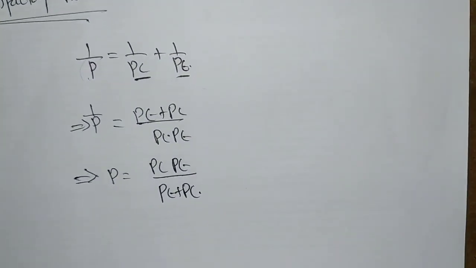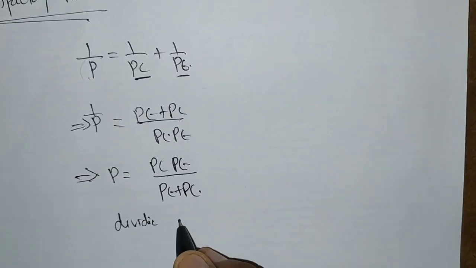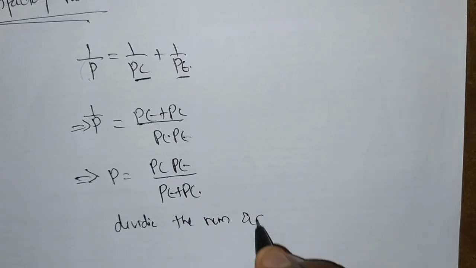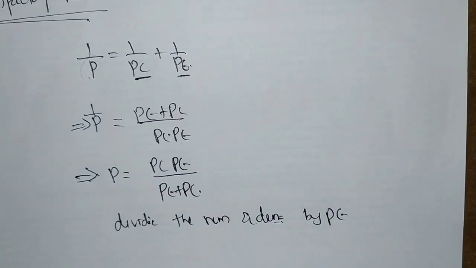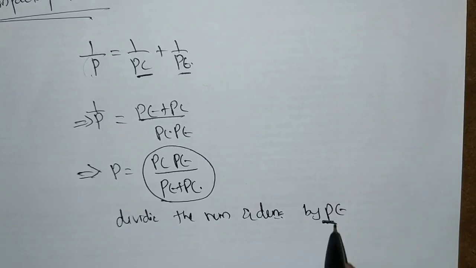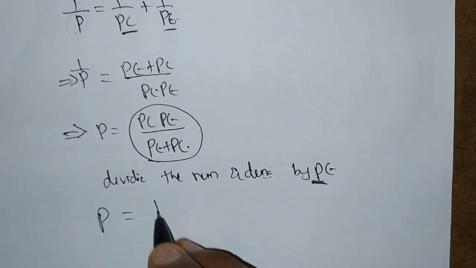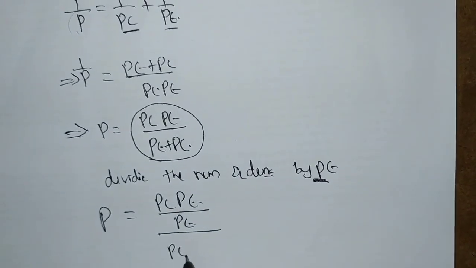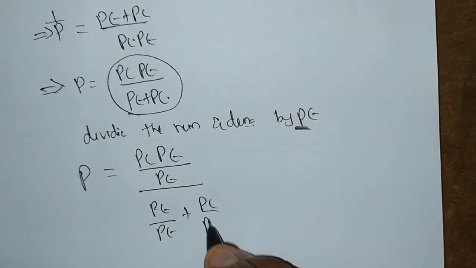So now for this condition, I am going to divide the numerator and denominator by PE only on this side. Then the equation can be written as P is equal to PC PE divided by PE, divided by PE plus PC divided by PE.